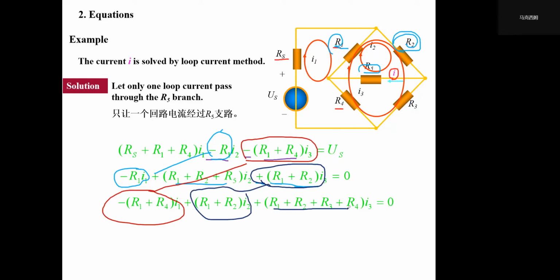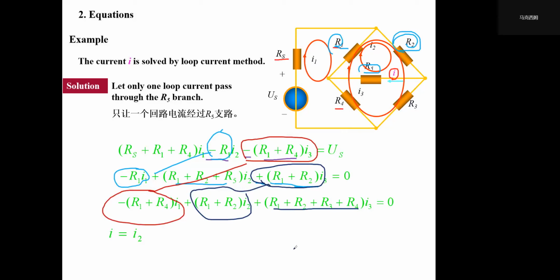The third one has its own self-resistance, R1, R2, R3, R4 together. So we have three loop currents and three equations, and by solving them, we can solve for I.